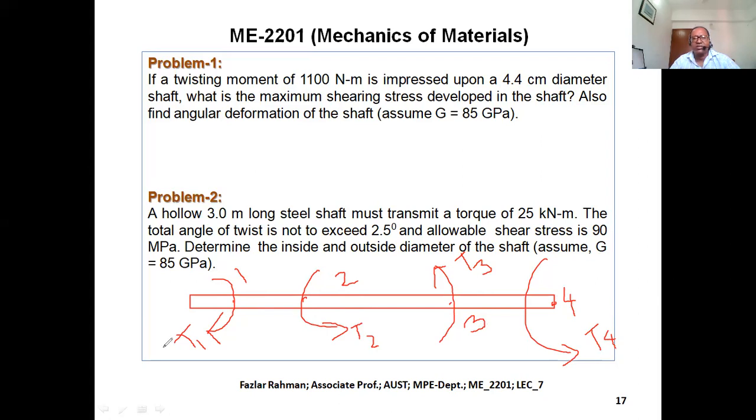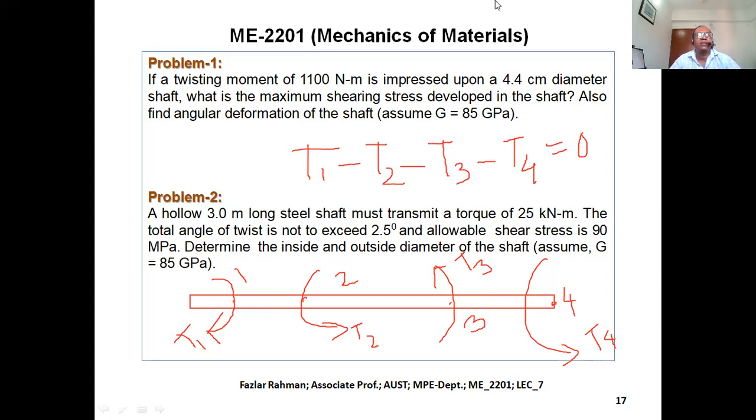T1, I thought anti-clockwise positive, and this one clockwise. But T2 rotating anti-clockwise, so negative. Again, T3 rotating anti-clockwise, so this is minus. But T4, again rotating anti-clockwise, so T4 equal to 0. This is your one equation.